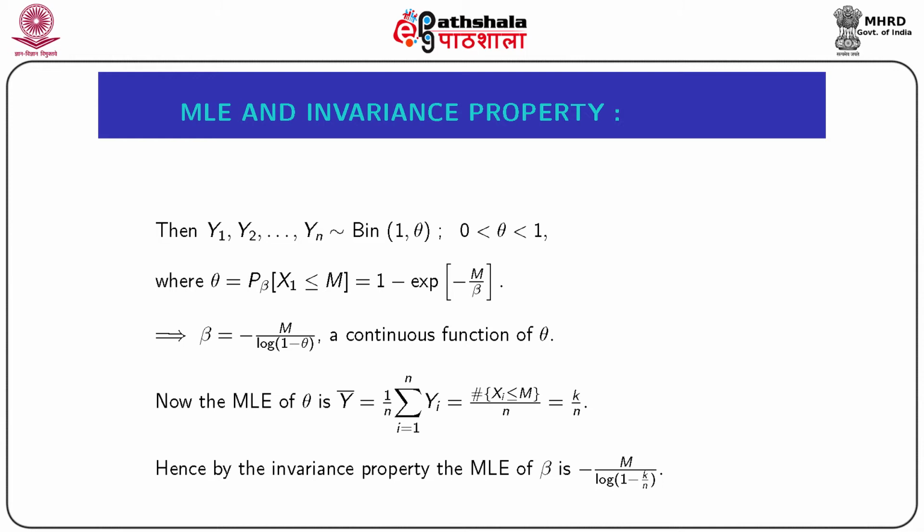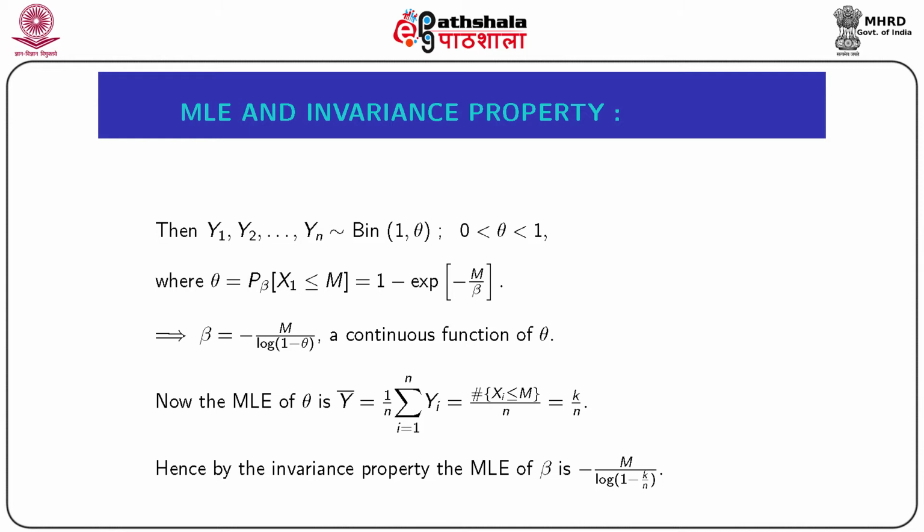As theta equals 1 minus e to the power minus M by beta, then we can easily get that beta equals minus M divided by log of 1 minus theta, which is nothing but a continuous function of theta.